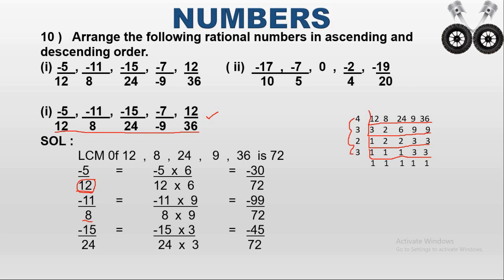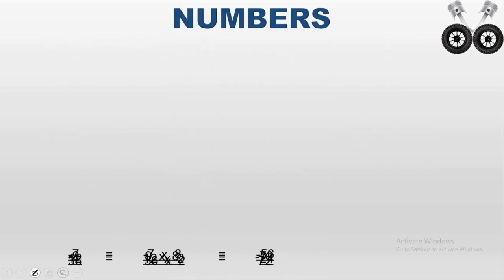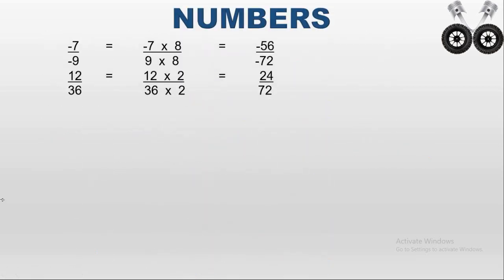The third rational number is minus 15 by 24. Here the denominator is 24. We have to make the denominator equivalent to 72, so I multiply numerator and denominator by 3. Minus 15 into 3 divided by 24 into 3. 15 into 3 is 45, so minus 45 by 72. The fourth rational number is minus 7 by minus 9.